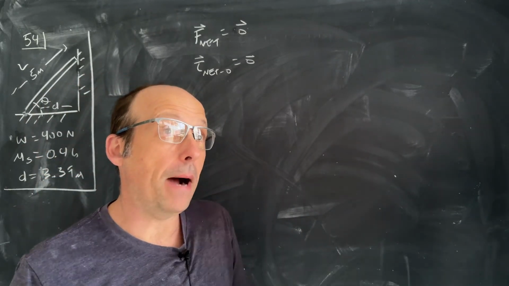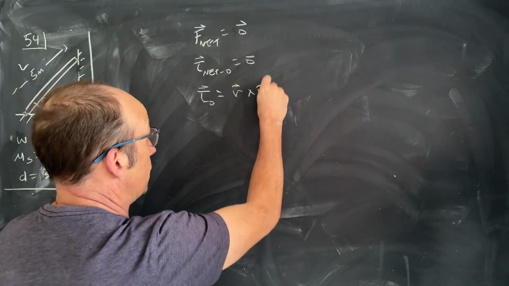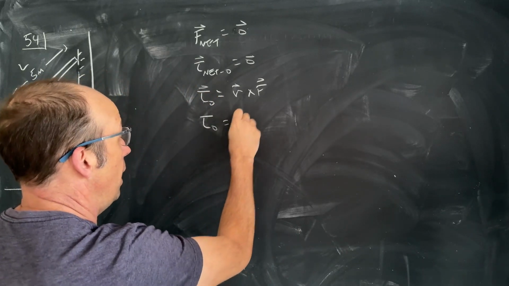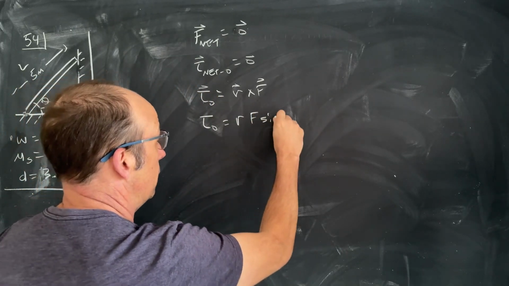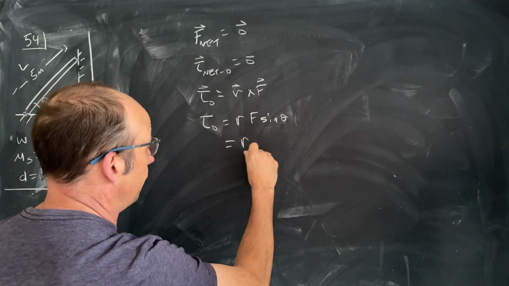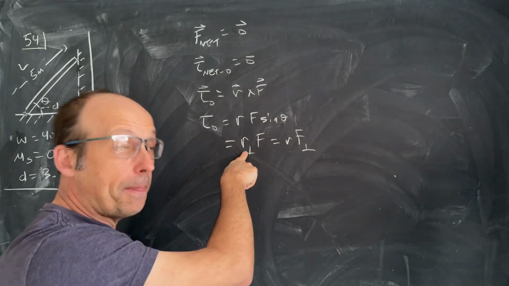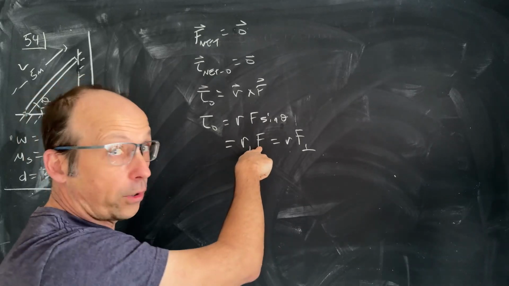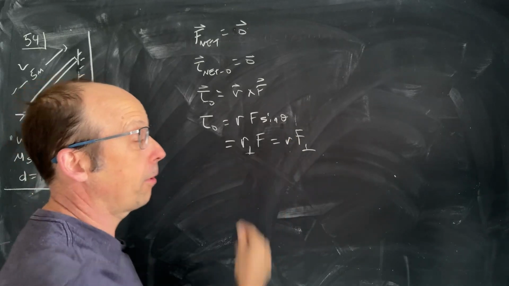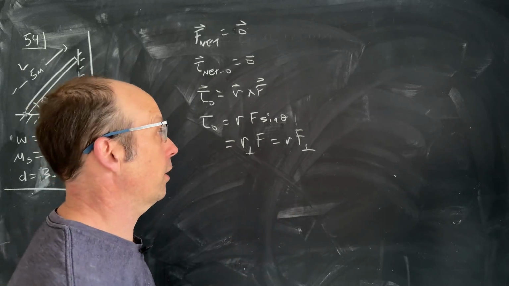Now, just a quick reminder, torque about some point O is R cross F. Now, if we're dealing with just the magnitude of the torque, we can write torque O as R F sine theta, where theta is the angle between R and F. Now, sometimes it's easier to write this as R perpendicular F or R F perpendicular. So this says take the perpendicular distance from the force to the point O and multiply them together. It's the same thing as R sine theta. Or take R and the perpendicular force. Either way works. Okay. Those are two very useful ways of calculating torque in two dimensions.